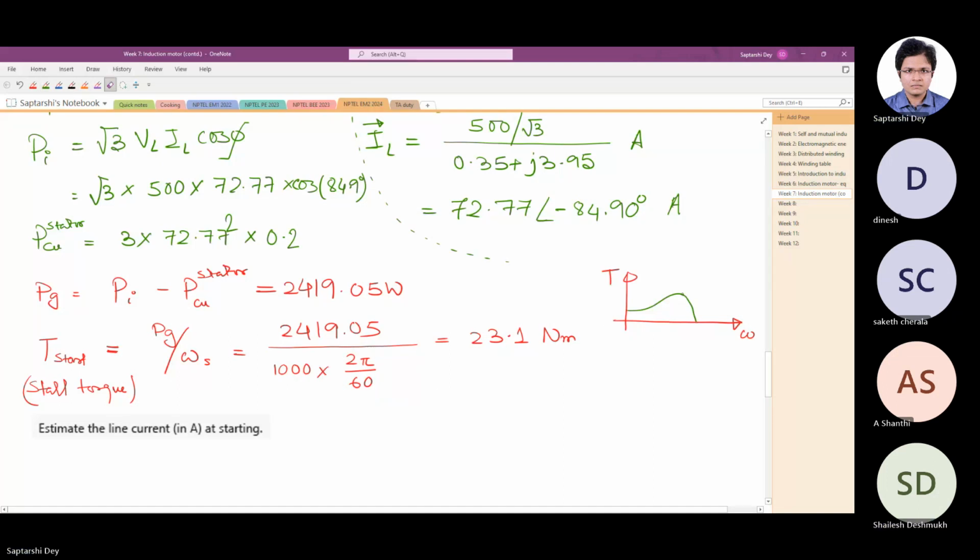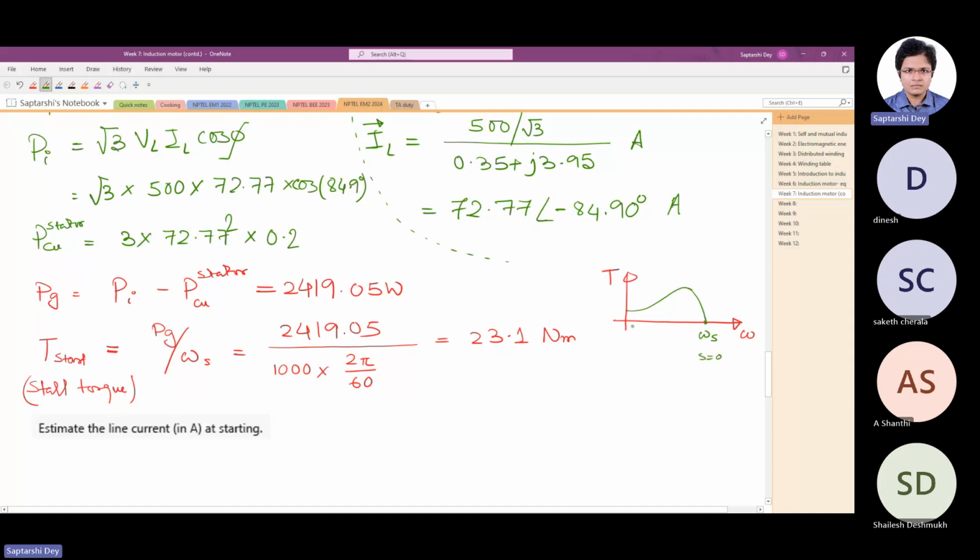So if this is the torque speed curve, something like this, I cannot draw it properly. This is the synchronous speed where slip is 0.